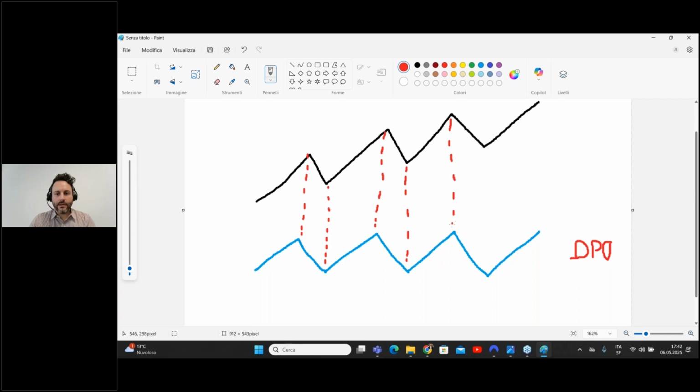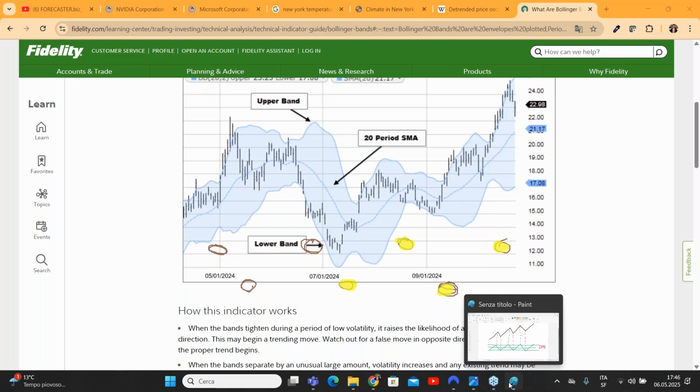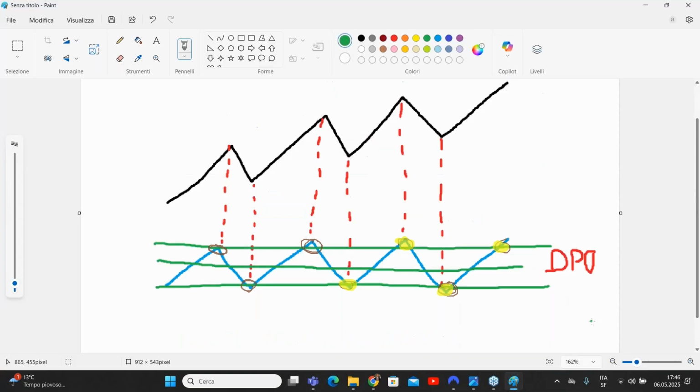But what we did is something very simple. We took away the trend from the chart, and we have a flat chart without the trend inside, and we apply the 200 Bollinger Band. We can find every point where the prices are statistically high, and all the points where the prices are statistically low.